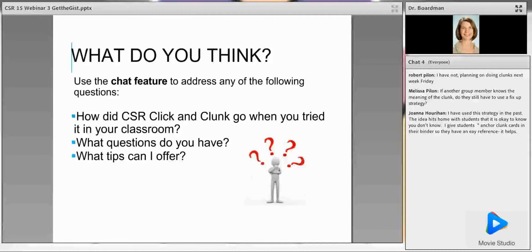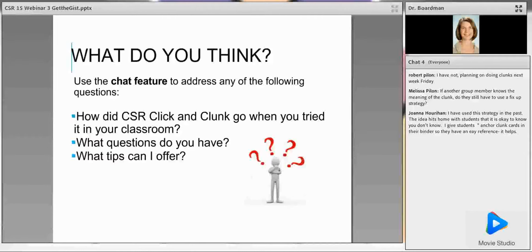So Melissa has a question, and she's asking, if another group member knows the meaning of the clunk, do they still have to use a fix-up strategy? That's a great question. And on the cue cards, which you can download from the website, and I'll remind you of the web address at the end of the session, on the back of the cue card, when the clunk expert guides the group, the first thing they say when somebody identifies a clunk is, does anybody know the meaning of that clunk?